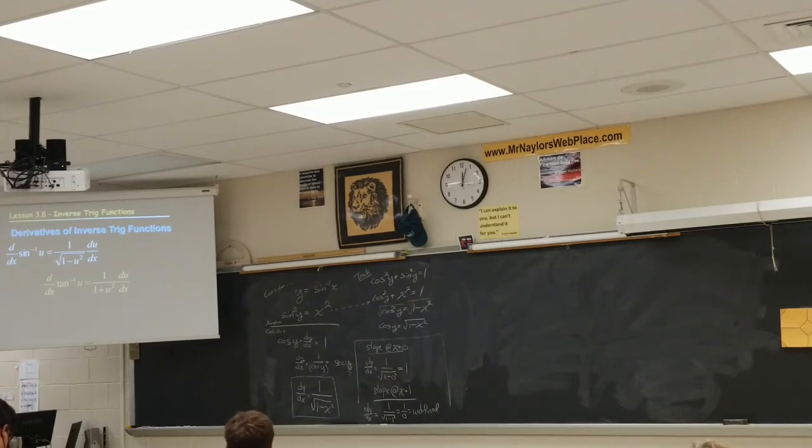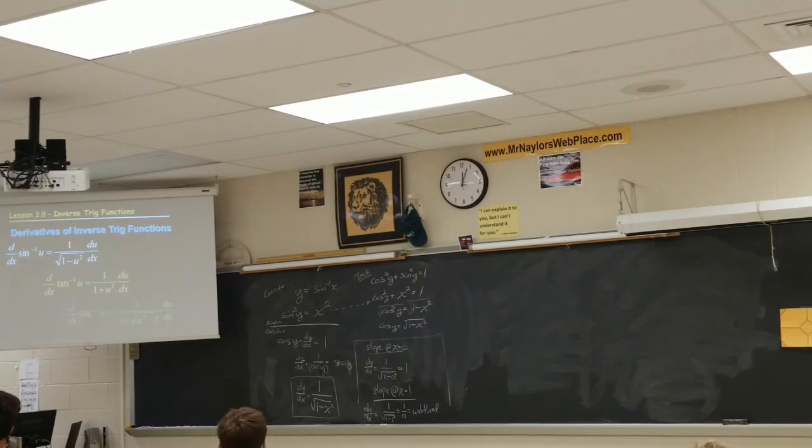This is a big one. You guys will use this throughout the entire year. Trust me, when we get to like March, you'll definitely be like, yeah, inverse tangent is 1 over 1 plus u squared. The reason I said March is because at that time we'll be doing these rules backwards. And so you'll really be like, oh yeah, this one, if I go backwards, goes back to inverse tangent. That's an integral, by the way. Basically doing everything backwards.